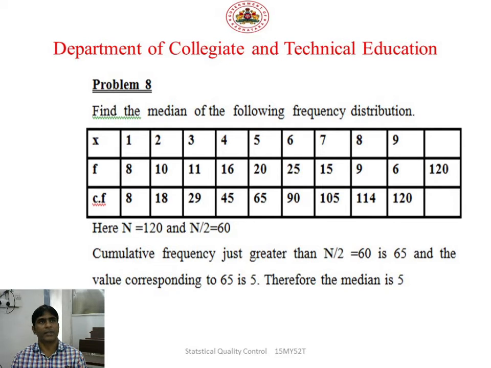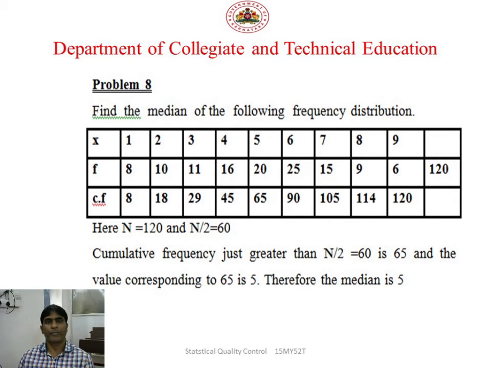So 8, then 8 plus 10 is 18, 18 plus 11 is 29, 29 plus 16 is 45, 45 plus 20 is 65. So on, we calculate the cumulative frequency for all of them. Note that this total and the n total should match; only then is your cumulative frequency right.